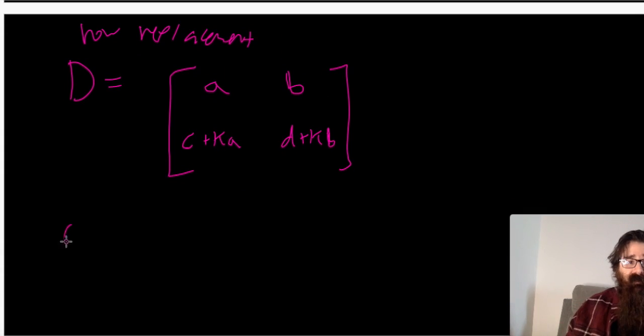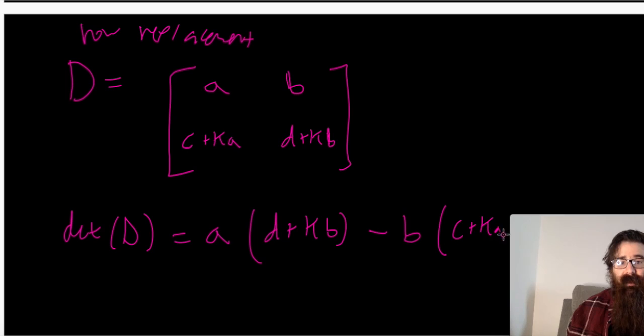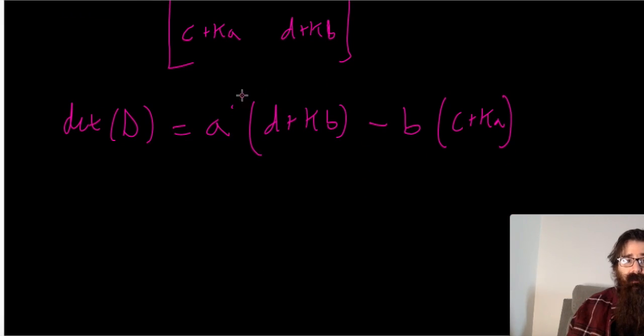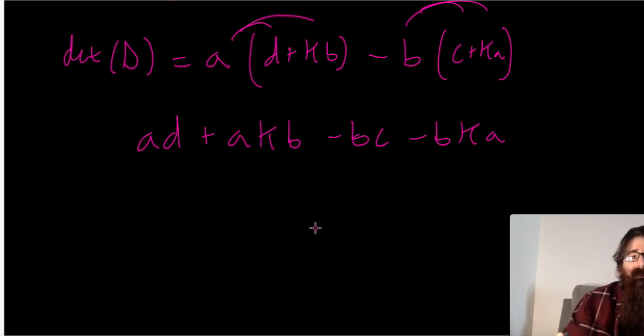Well, what's the determinant of this going to give me? Glad you asked. It's going to be A times, in parentheses, D plus KB, minus B times, in parentheses, C plus KA. Let's expand this out. If I distribute in, I get A times D plus A times K times B, and then minus B times C, bring that minus sign in as well, and then minus B times K times A. But we're going to get some stuff to cancel.